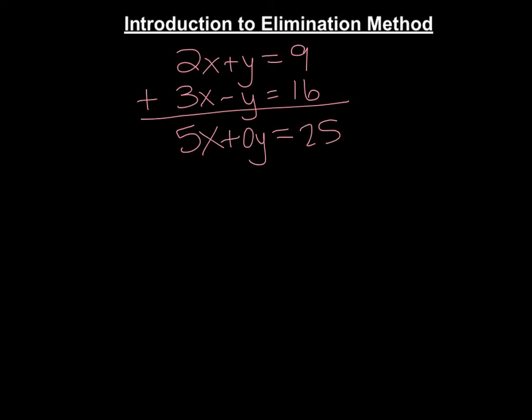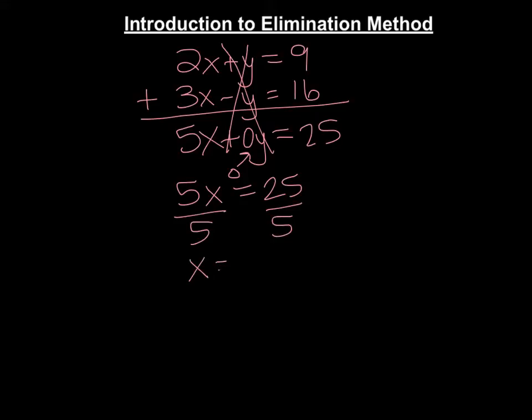Now 0y is really just 0, so the y's have effectively been eliminated, and we essentially have 5x equals 25, because 0 times anything is 0, and 5x plus 0 gives us 5x. So we finish solving for x by dividing, and we see that x equals 5.